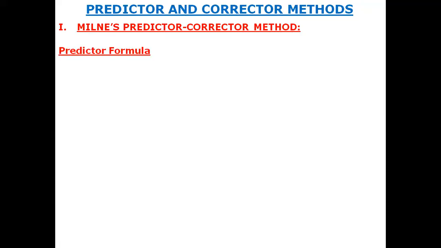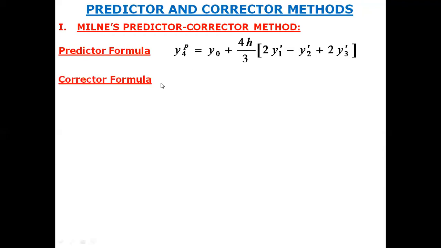Predictor formula: y4 power p equals y0 plus 4h by 3 into 2y1 dash minus y2 dash plus 2y3 dash. And the corrector formula is y4 power c equals y2 plus h by 3 into y2 dash plus 4y3 dash plus y4 dash.